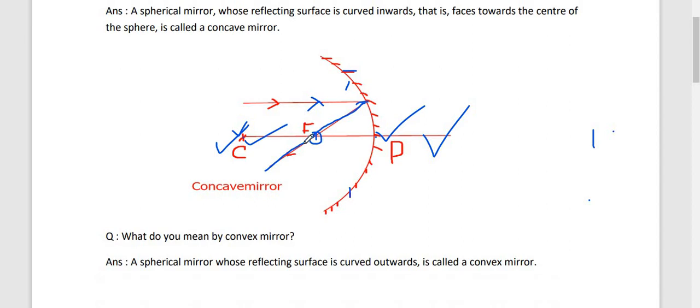Now this is the point of intersection of the principal axis and the reflected ray. This is the reflected ray, and this definition is for concave mirror.